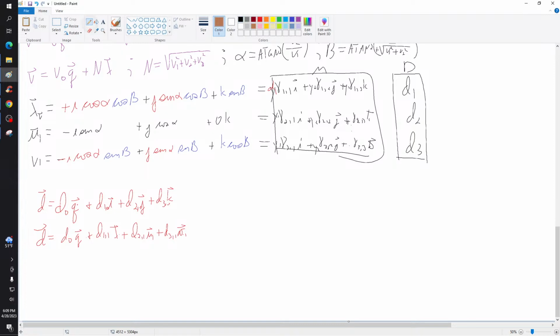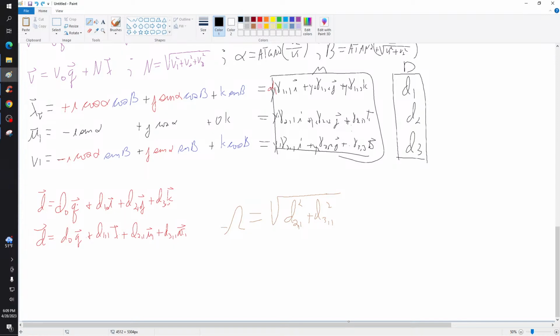Now that we have that, we're going to say, for these two new coordinates that pop out here, let omega be equal to the square root of d2,1 squared plus d3,1 squared. That's the magnitude of this mu portion of the d vector.